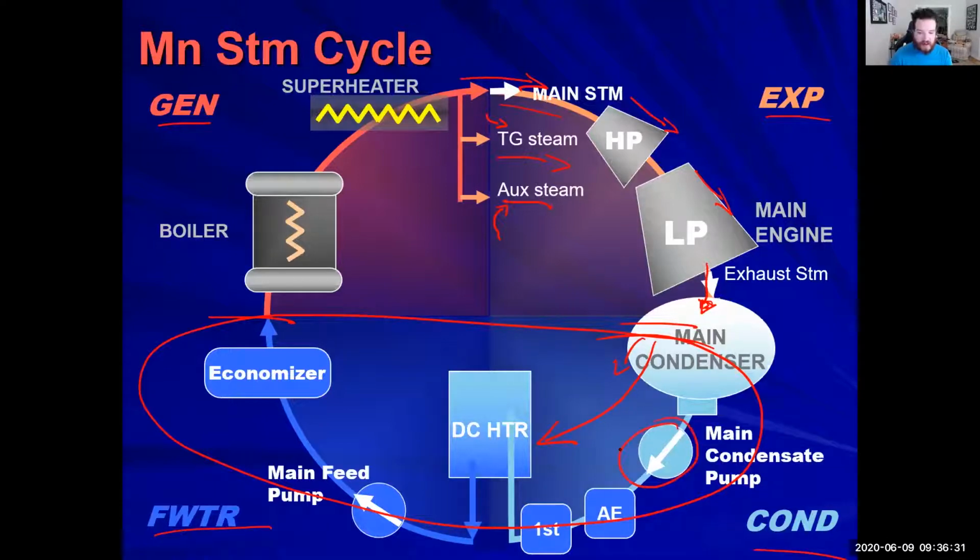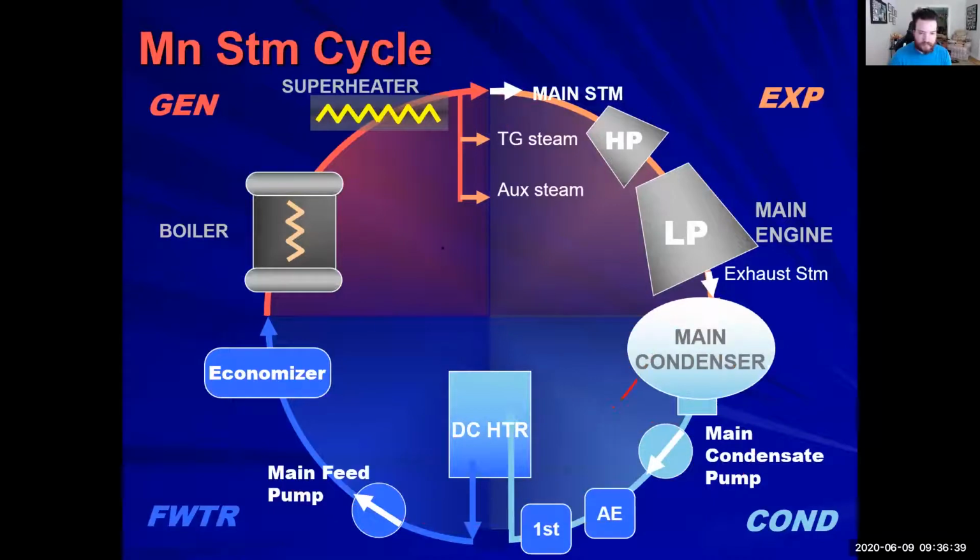Where are these main condensate pumps located? In the engine room. They're going to be right next to the main condenser. So if this circle right here is our main condenser, we have our stairway to go up to the next level to the main engine room.